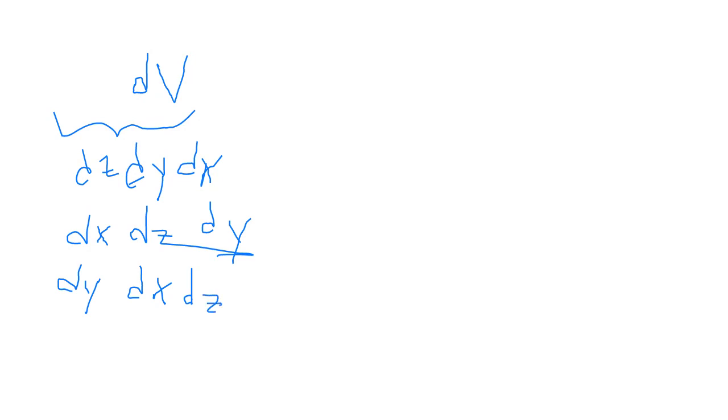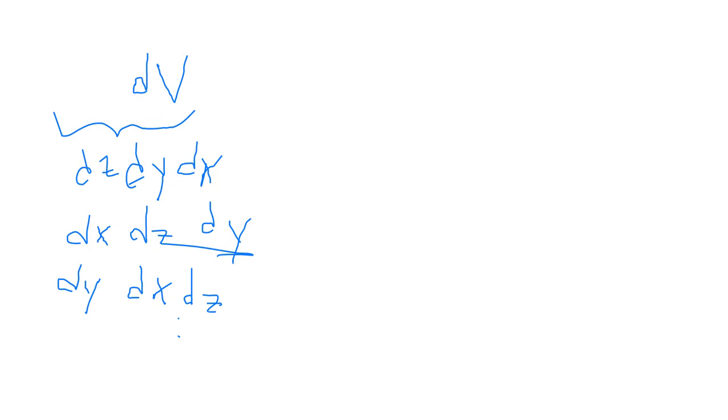I mean, there are 6 orders total. Those are 3 of them. Right? And you'll have a problem later on from 12.7 that's going to make you look at the 6 orders, okay, because it helps you understand triple integrals.